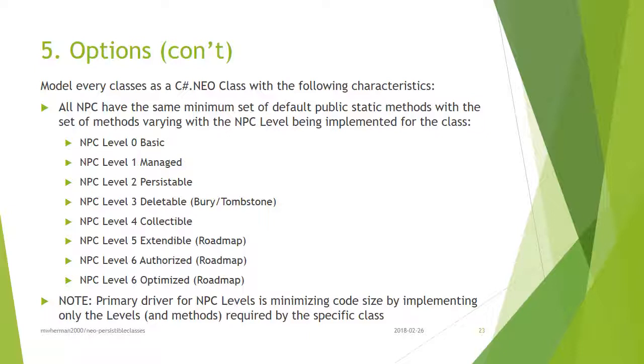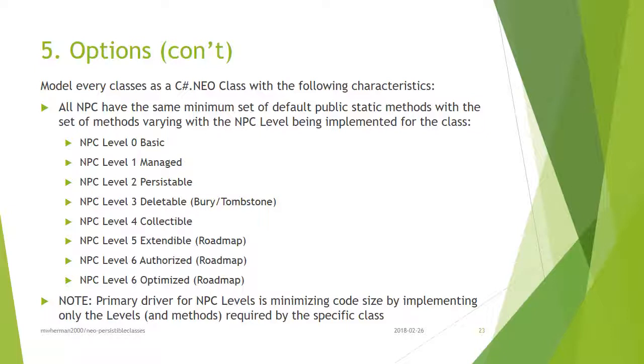So you only implement the methods representing the functionality that you need for a particular class. If a class is never going to be persisted to storage, then it can simply be a level 0 basic class, or a level 1 managed class. But as soon as you need to persist it, it's going to be level 2 and level 3, or level 2, level 3 and level 4.